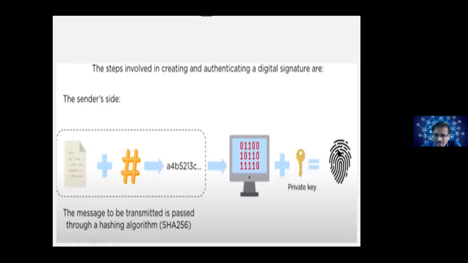We get the digital signature. So this is the first step the sender does. Using the private key, he has signed this document and got the digital signature here. It's something like the fingerprint of this document.